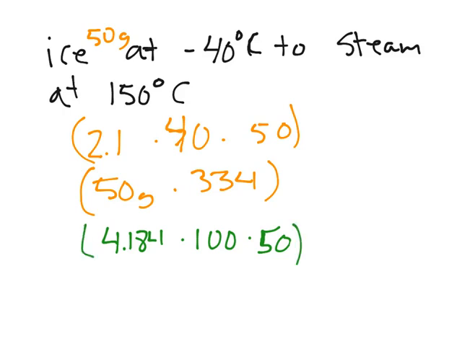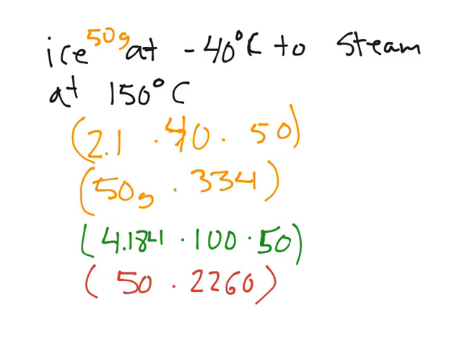The fourth step is we need to make it to steam. Steam is going to be at 100. We'll take our mass, which is 50, and times it by 2,260. And then the last step will be to heat the steam to 150. It's at 100, so we have to go up 50 more degrees.